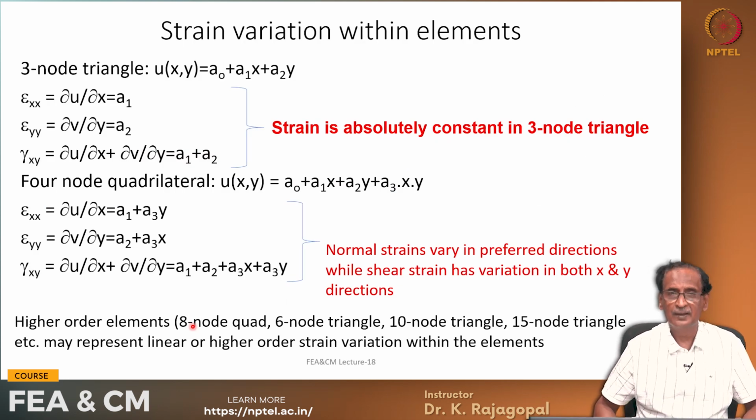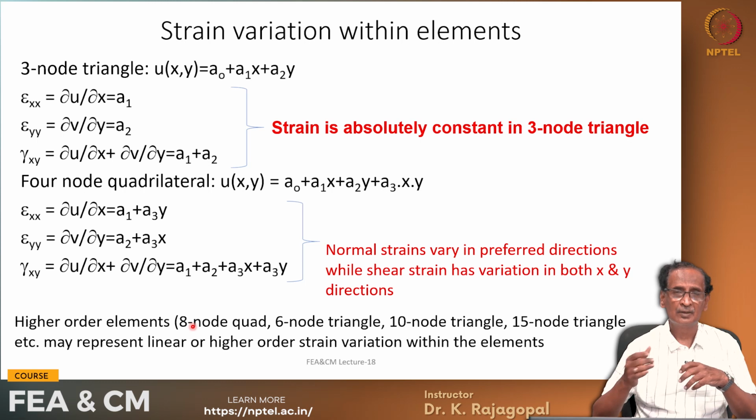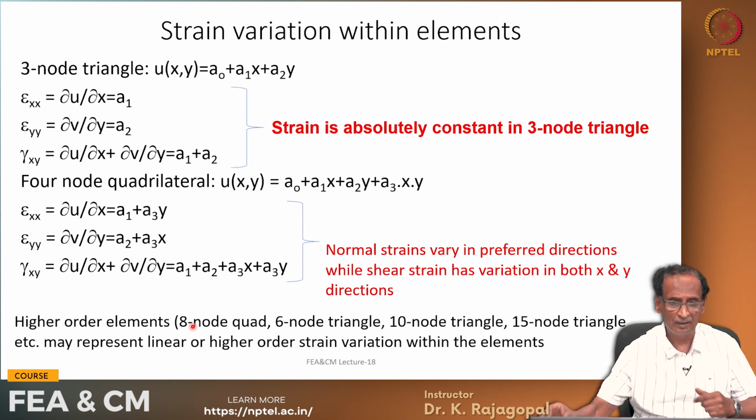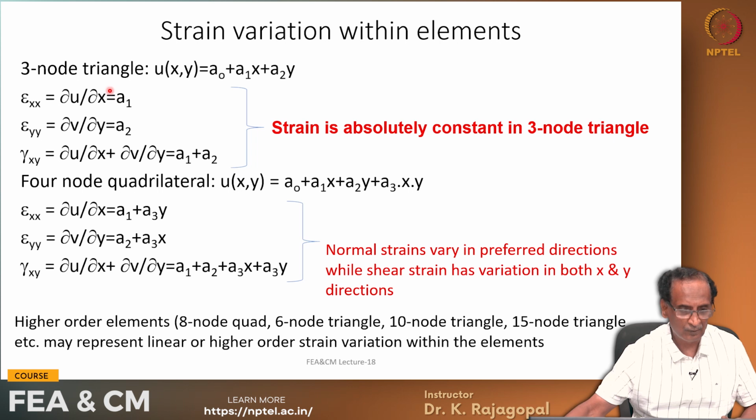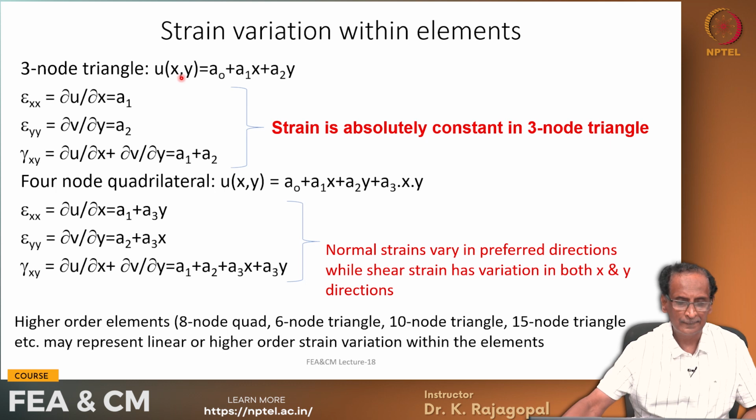And how we decide whether a given element is sufficient for a problem or not, we can guess it by looking at the variation of strain within the element and see whether that can represent reality. So let us do that for a 3-node triangle and 4-node quadrilateral. In a 3-node triangle, our displacement field can be written as A0 plus A1x plus A2y, and our strains epsilon xx, epsilon yy and gamma xy, we see that they are all absolute constants.